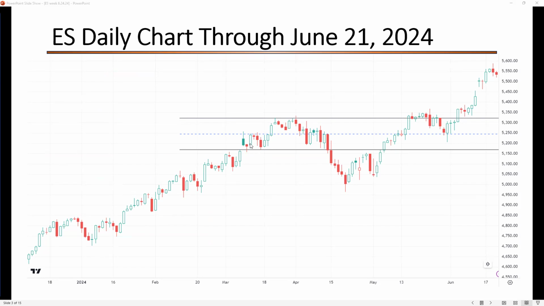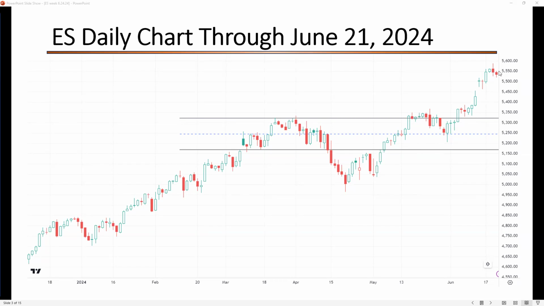And here we've had a period of consolidation from the 5160 to 5300 area, and it fell out of this zone and dropped down to this support area right here before rotating back up, recapturing the zone, and then moving back up. And then after some consolidation here and a test of the middle of the zone, it was able to break through the zone in the beginning of June, and then it started this next leg up.